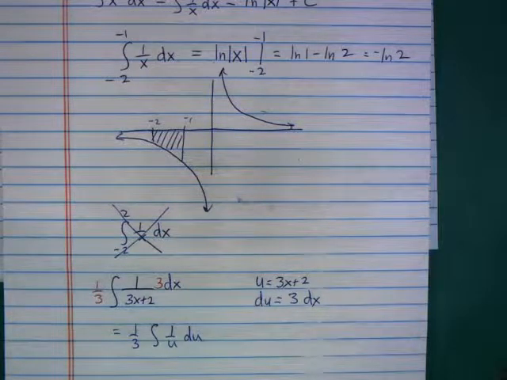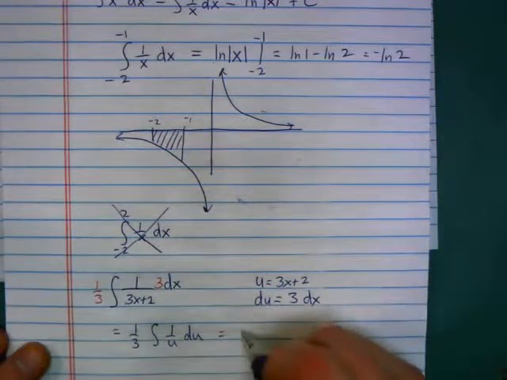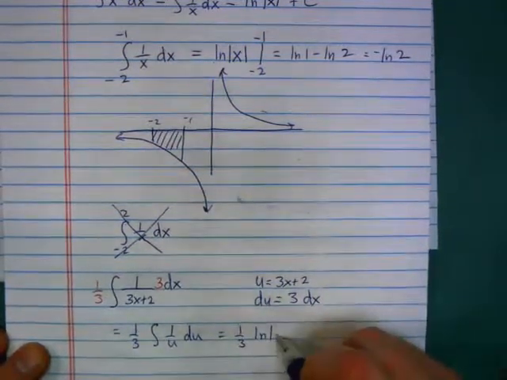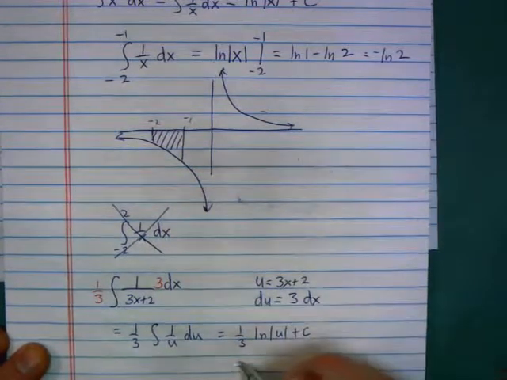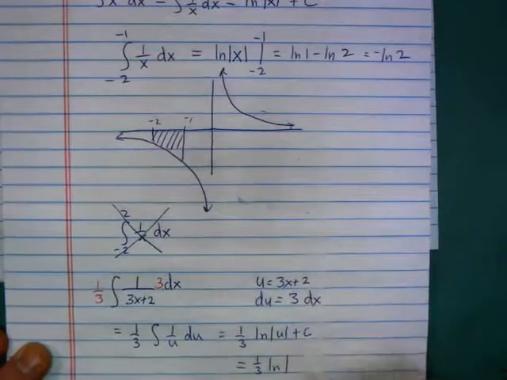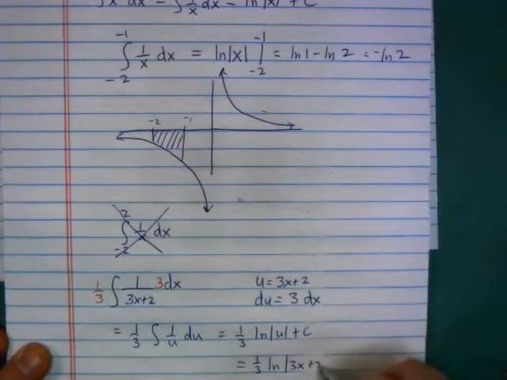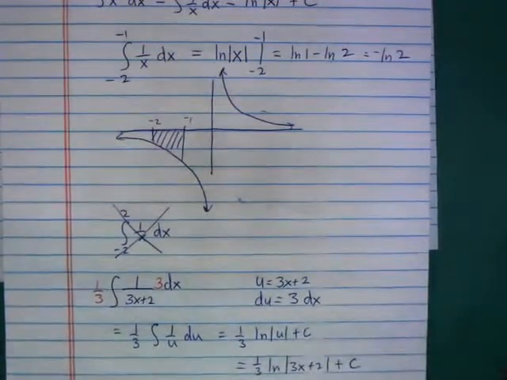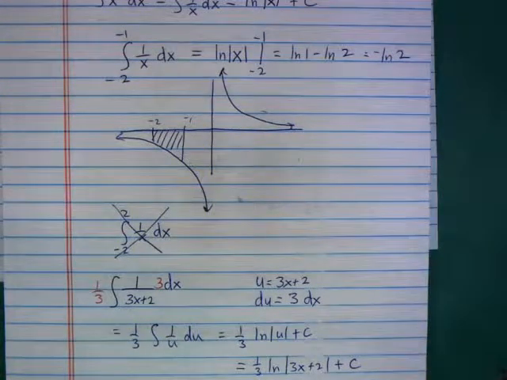What's the antiderivative of 1 over u? ln absolute value of u. So this is 1/3 ln absolute value of u plus c. Final answer, 1/3 ln absolute value 3x plus 2 plus c. Questions on that?